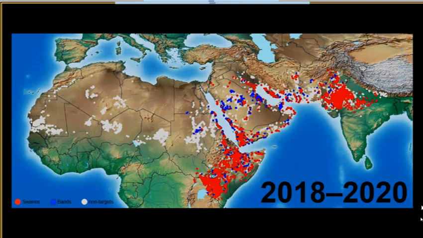So as a result of unusually favorable ecological conditions driven by cyclones, and this migratory ability and ability to rapidly reproduce, we reach a situation like what you see on the map here. All of those red dots are desert locust swarms in the past 2 years. The blue dots are the nymphal stage, the hopper band stage. And of course, the white dots are the non-gregarious, non-threatening locusts that are normally existing. So here you can see in the past 2 years where the hot spots are.